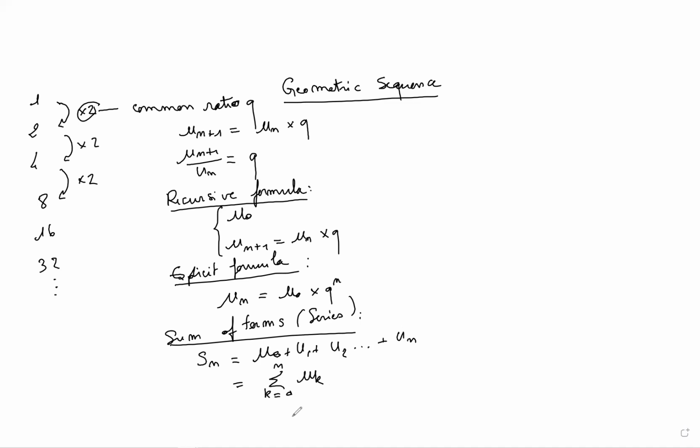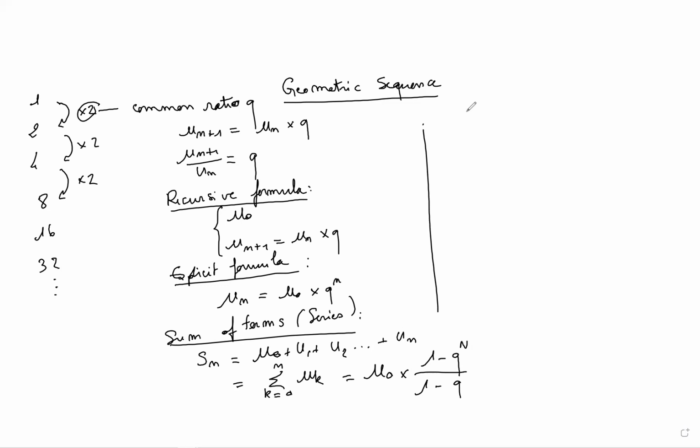But if you want to compute that, it's going to be the first term, which is not always U0, times 1 minus your common ratio to the power of, be careful, the number of terms in your sum. So you have to count them, because this is where you will make mistakes, divided by 1 minus your common ratio.